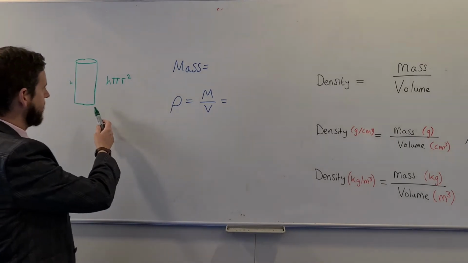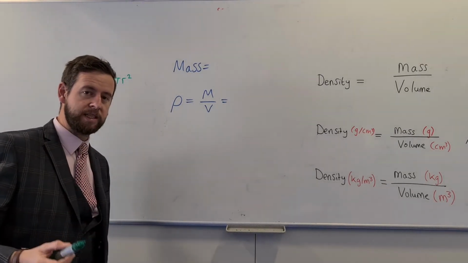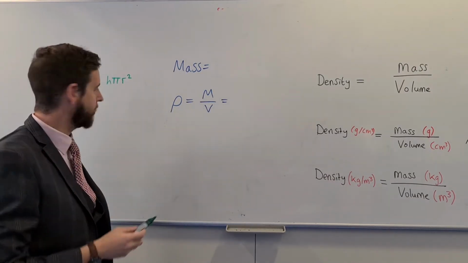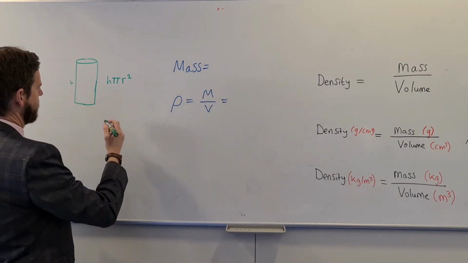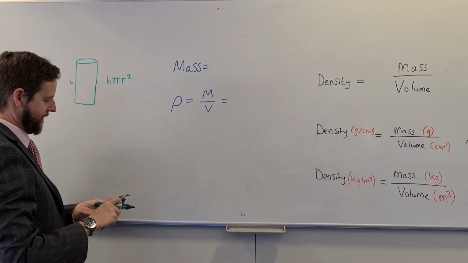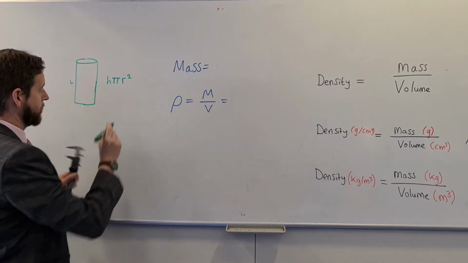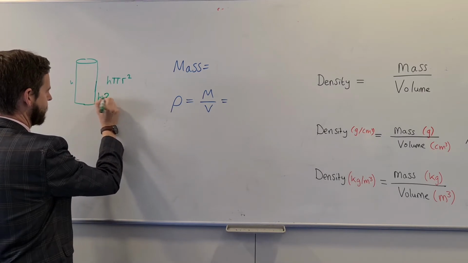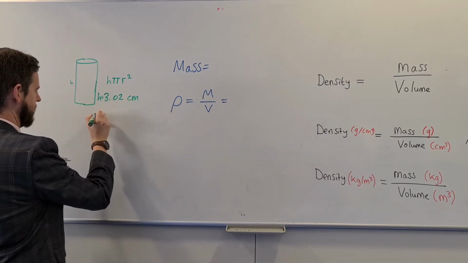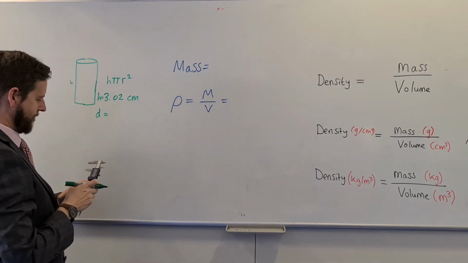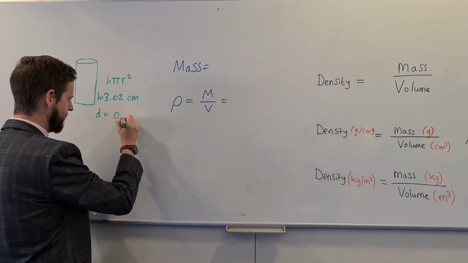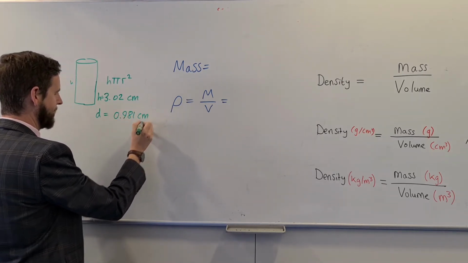Now, for a cylinder, the formula that gives the volume of a cylinder is the height of the cylinder times pi r squared, the area of the circle at the top. So if our height of the cylinder is about 30.2, then it's about 3.02 centimeters. The diameter was equal to 9.81 millimeters, so 0.981 centimeters.